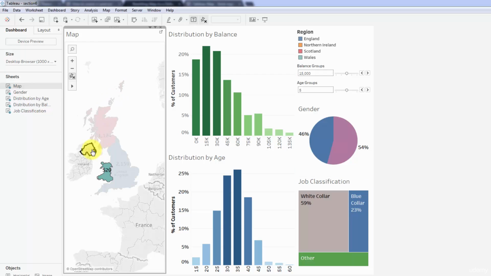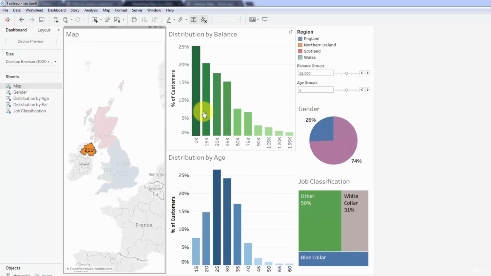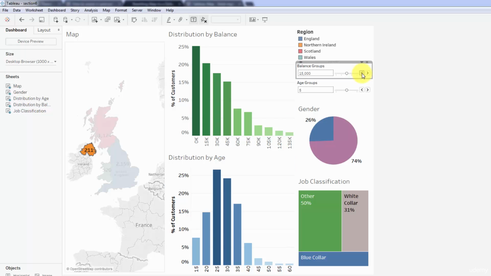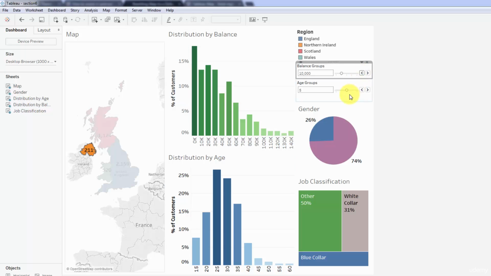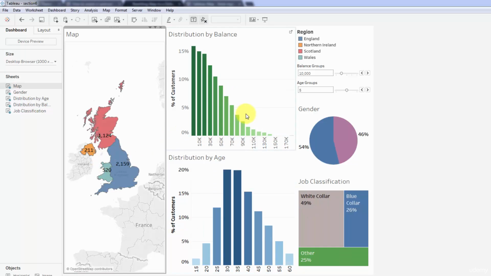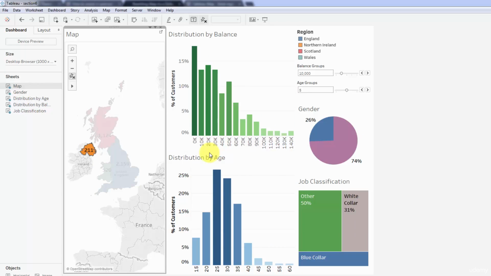And finally, if we move on to Northern Ireland, here you can see a completely different demographic once again. So I'm going to go back to balance group 10,000, and this is quite consistent with the baseline. A bit of anomalies, but that's to do with the low sample size.